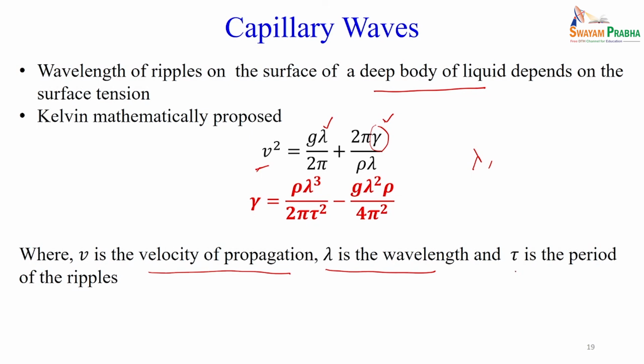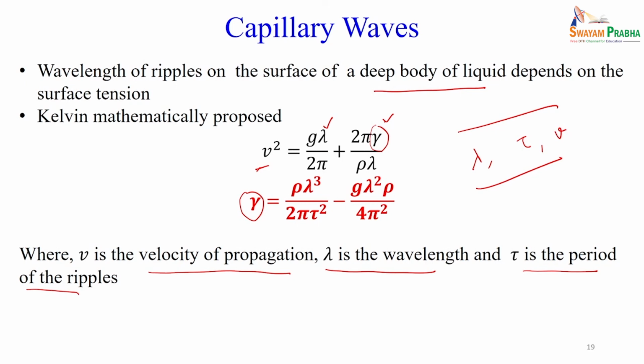Velocity we can also get from the period tau of the ripples, either velocity or tau. If you can estimate these parameters from computer control devices, then you should be able to measure the interfacial tension by the model proposed by Kelvin.